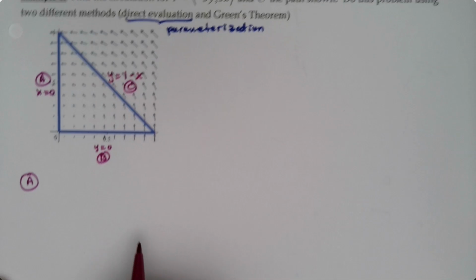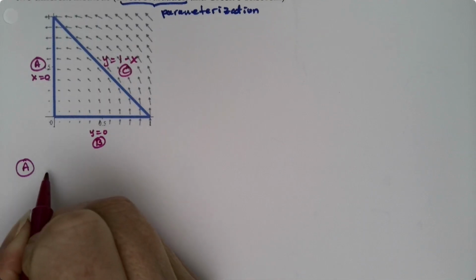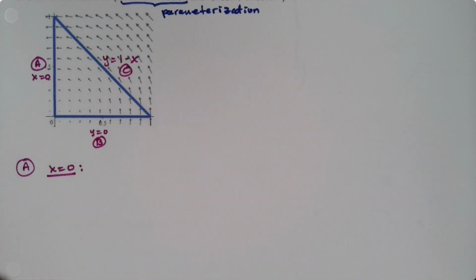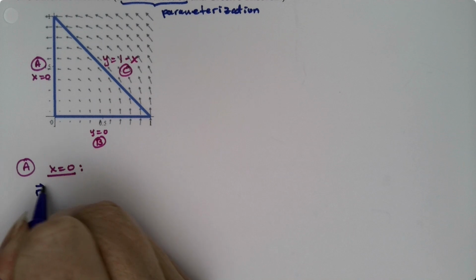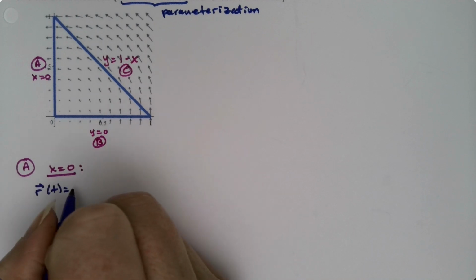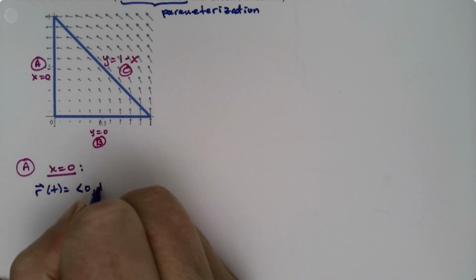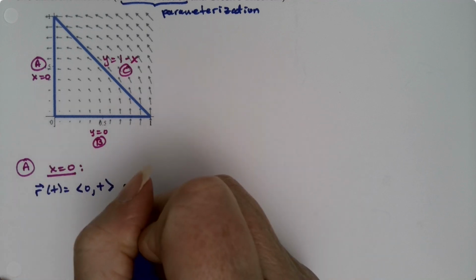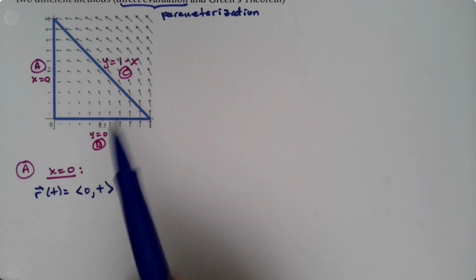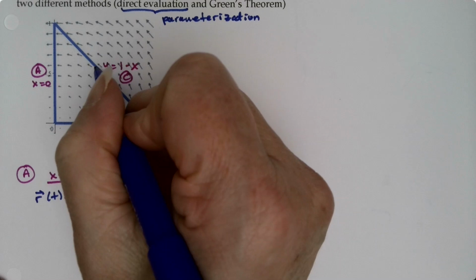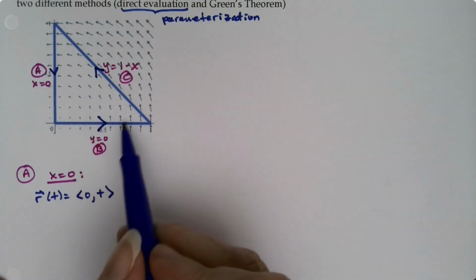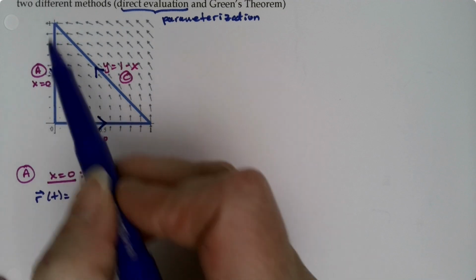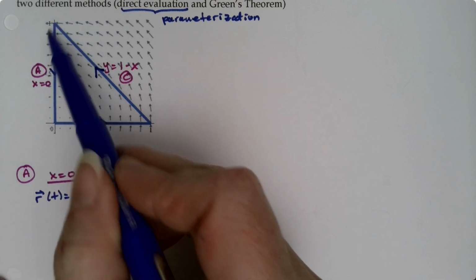Let's see if we can fit them all in side by side. So if A is x equals 0, then r of t would be equal to 0, t. Remember that the vertical lines always work a little differently. And remember, sorry, I should have put that on there. We're always assuming a counterclockwise orientation. So we're going this way. So we're going from t equals 1 to t equals 0.